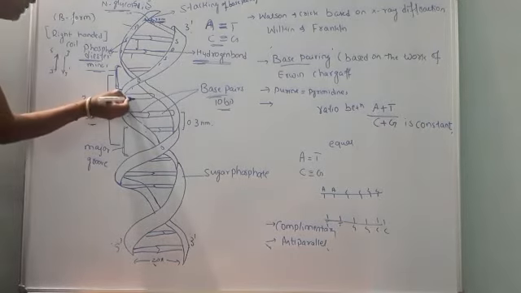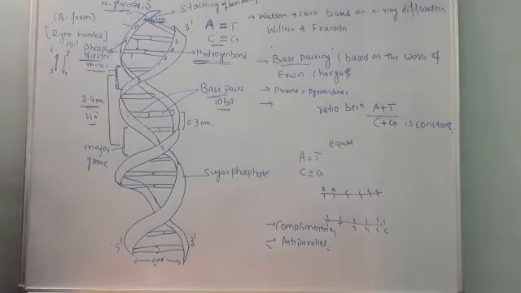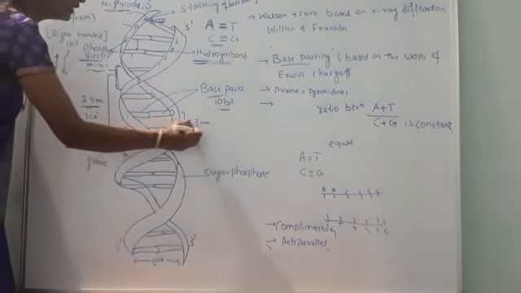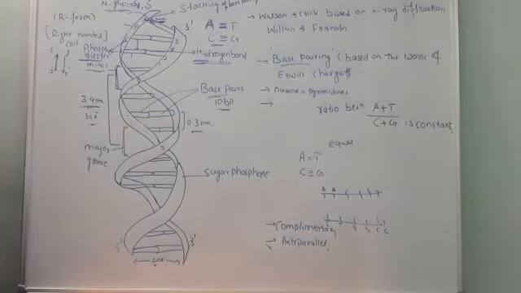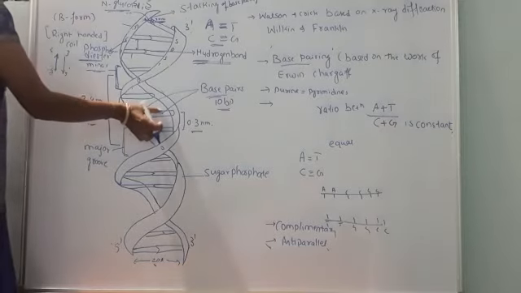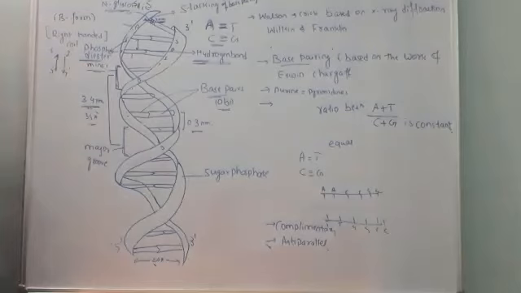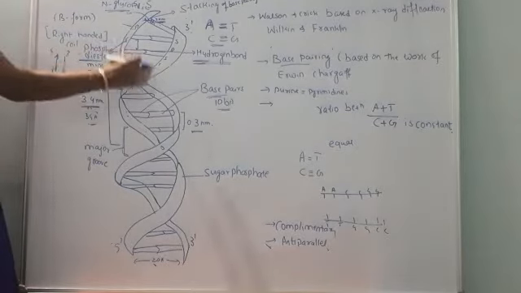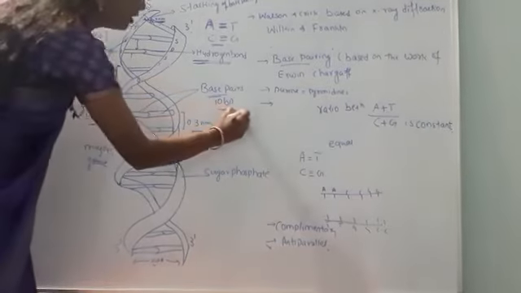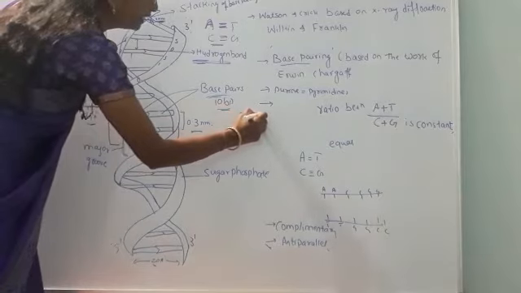And the distance between subsequent nucleotides is 0.3 nanometer. If you know the distance between the nucleotides, the length of the DNA can be measured. Human DNA is about 2.2 meter long.